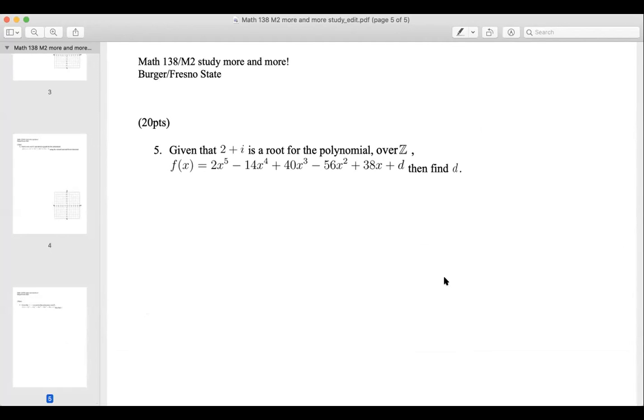It's over Z. These problems for me are kind of a pleasure to do. Well, they all are, but this is pretty easy if you know what you're doing. Okay, find d.